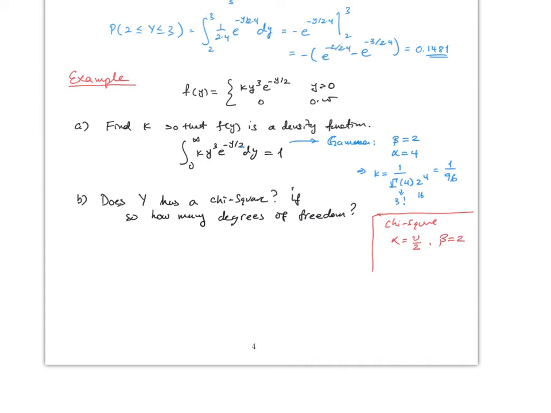Clearly, beta is equal to 2, and alpha is equal to 4. So therefore, if we solve for nu, nu is equal to 8. So the answer to part B is yes. Nu is equal to 8, and this is the number of degrees of freedom.